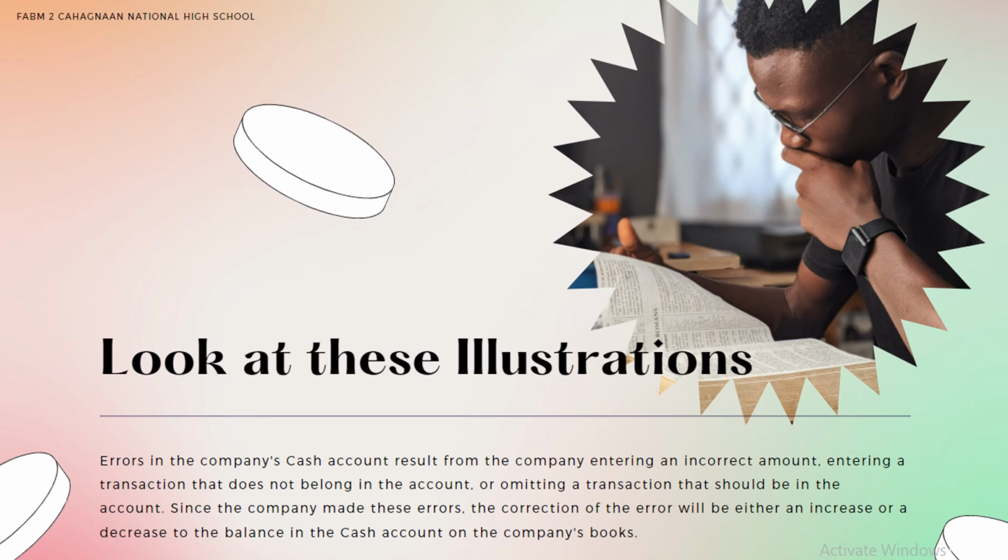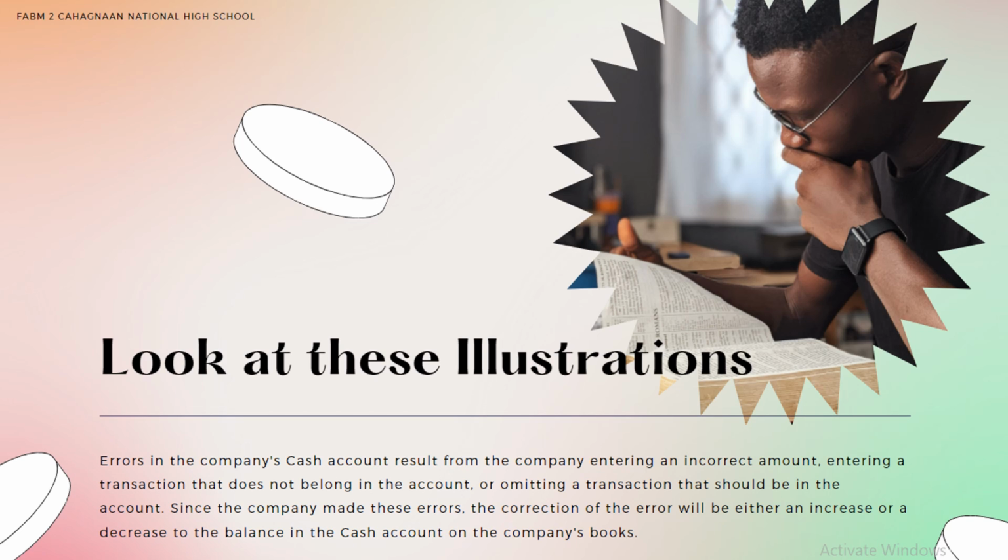Errors in the company's cash account result from the company entering an incorrect amount, entering a transaction that does not belong in the account, or omitting a transaction that should be in the account. Since the company made these errors, the correction of the error will be either an increase or a decrease to the balance in the cash account on the company's books.